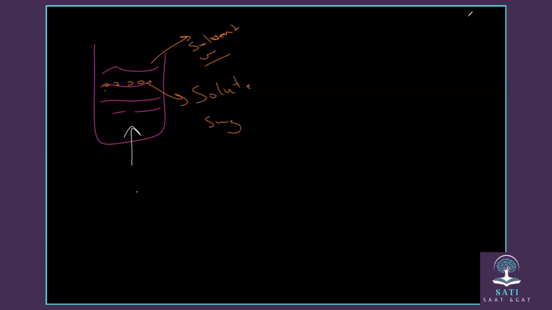Homogeneous mixture means we cannot distinguish its solute particles from its solvent particles. So we see the whole solution as one consistency, as one unity. So this solution now has solute and solvent.